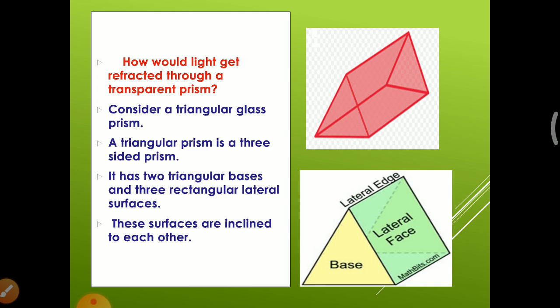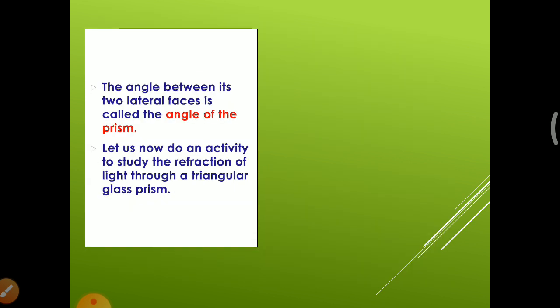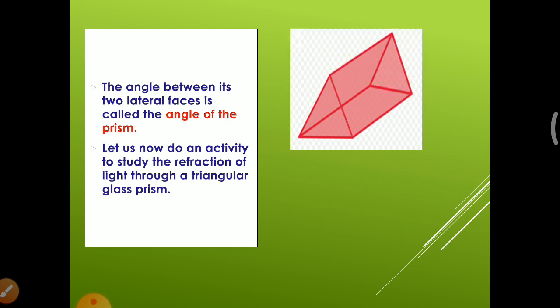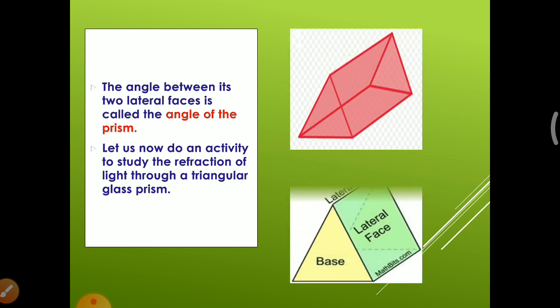These surfaces are inclined to each other. The angle between its two lateral faces is called the angle of the prism. Let us now do an activity to study the refraction of light through a triangular glass prism. What is meant by the angle of prism?